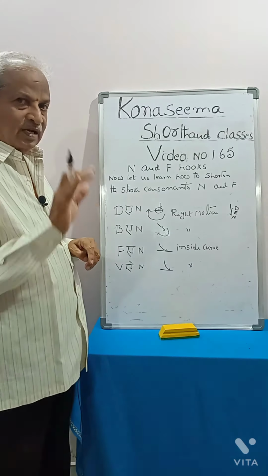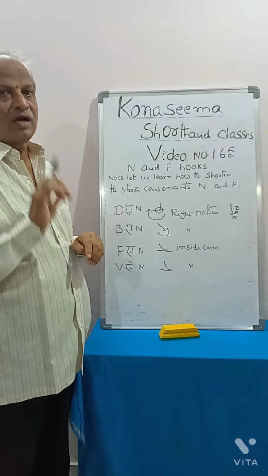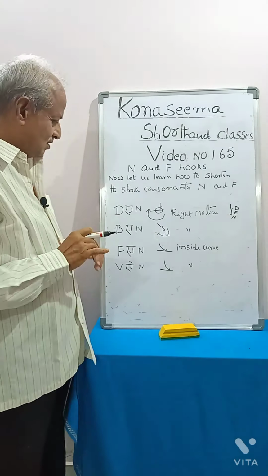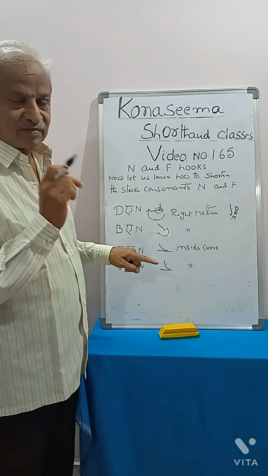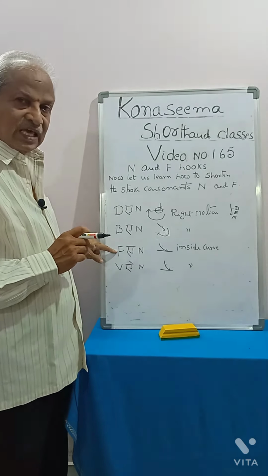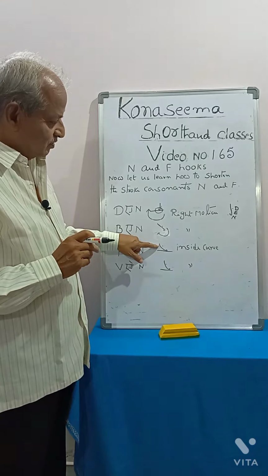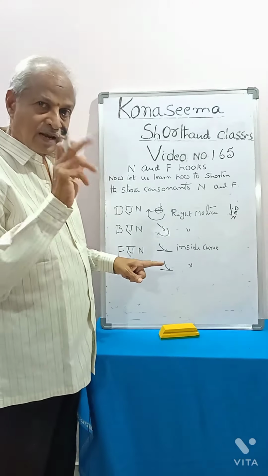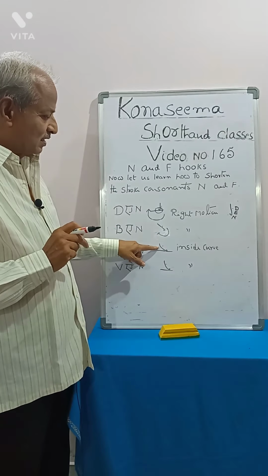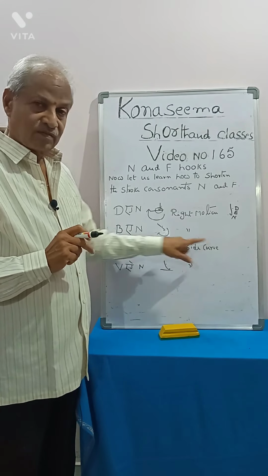Okay, we can write this N hook also to the curved stroke by writing inside the curve. For example, fen is there. F, instead of writing stroke N, we can write N hook inside the curve so that it becomes fen, inside the curve, fen.